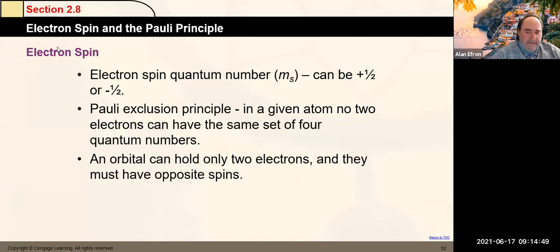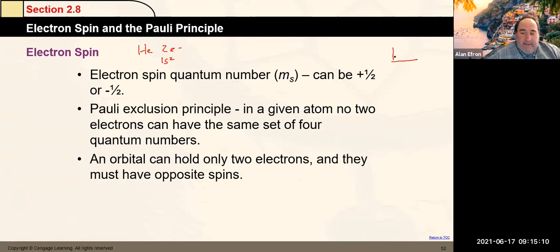So let's take, for example, hydrogen, which has, actually, let's take helium here first. Helium has 2 electrons, right? And they're both going to be in the same orbital. Now, by the way, it is 1s2, right?